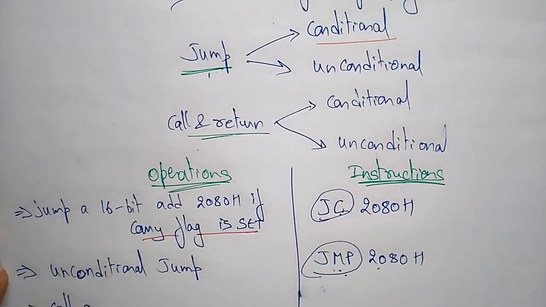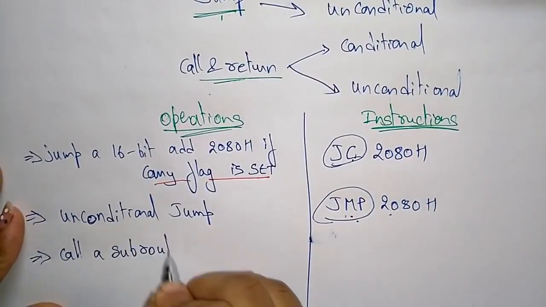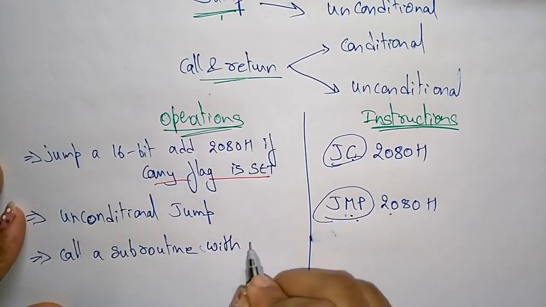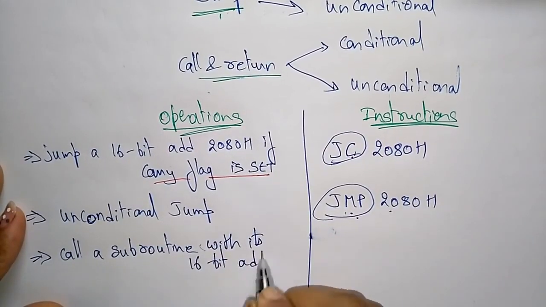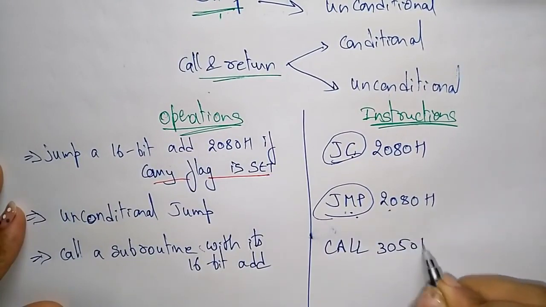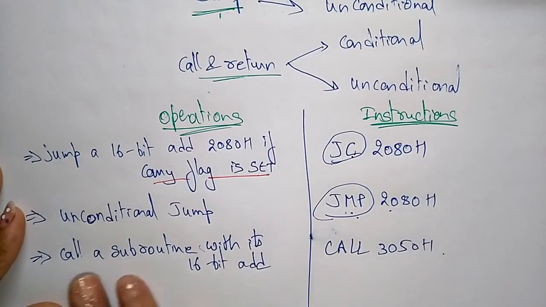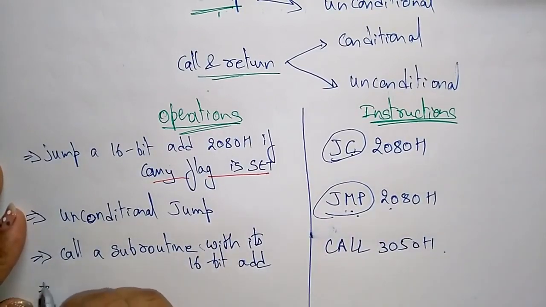Now let me write the call. Call a subroutine. A subroutine is just a small program or a function. Call a subroutine with its 16-bit address: just CALL 3050H. This is just calling that particular address.